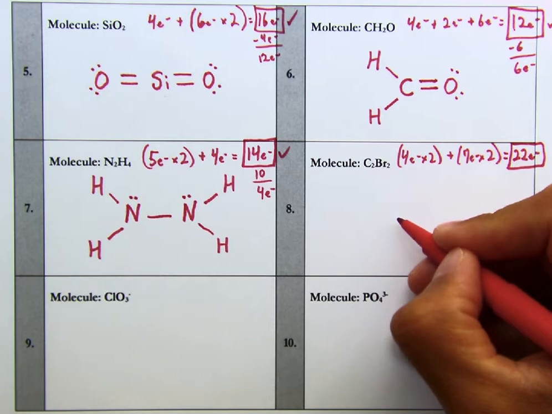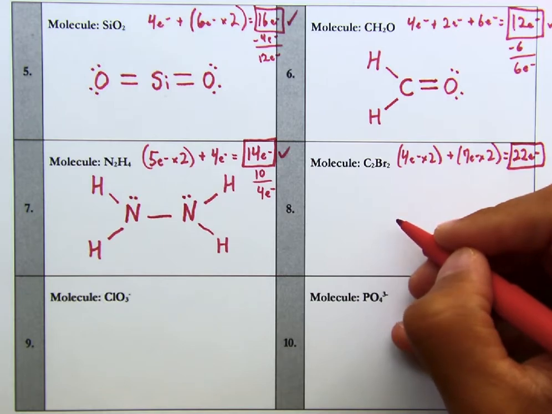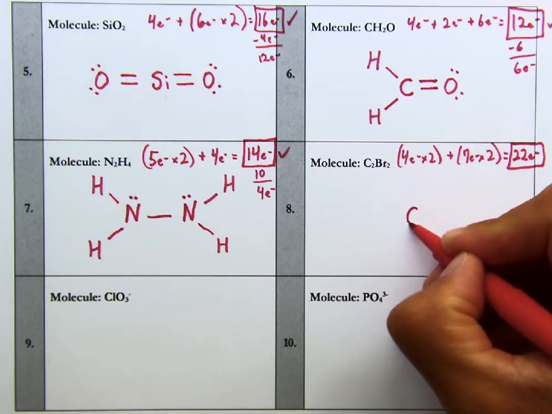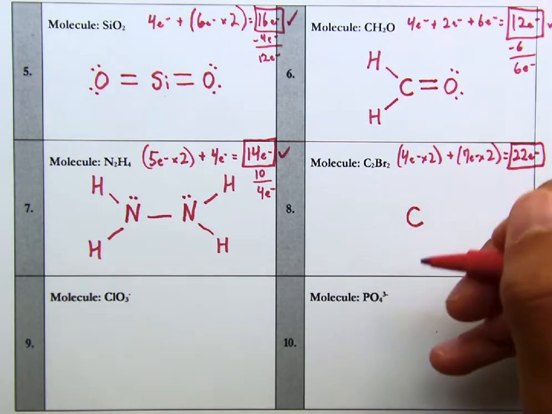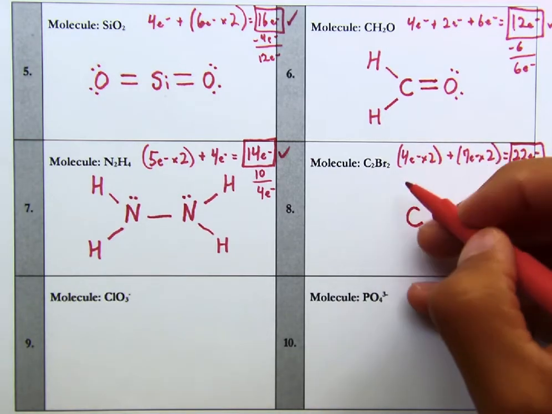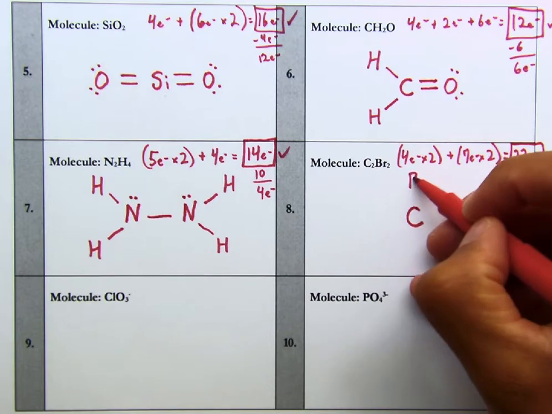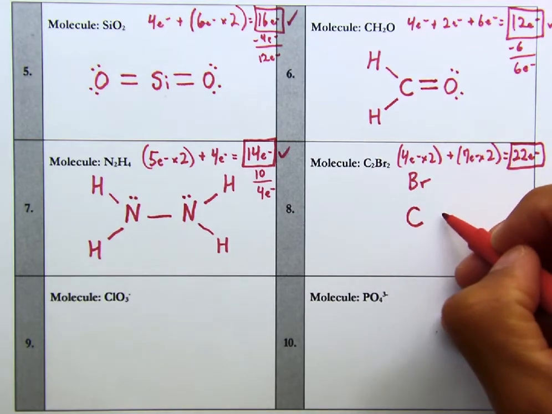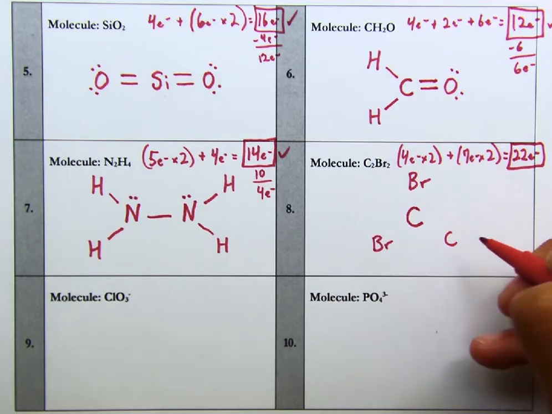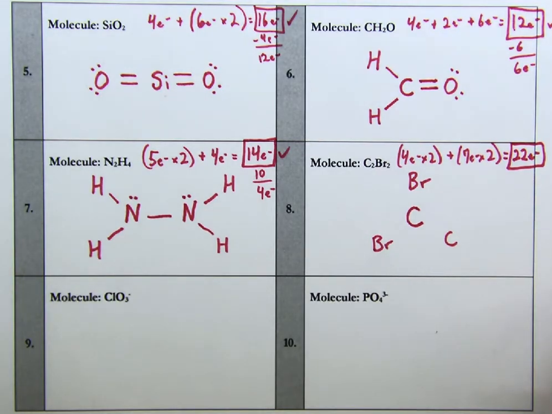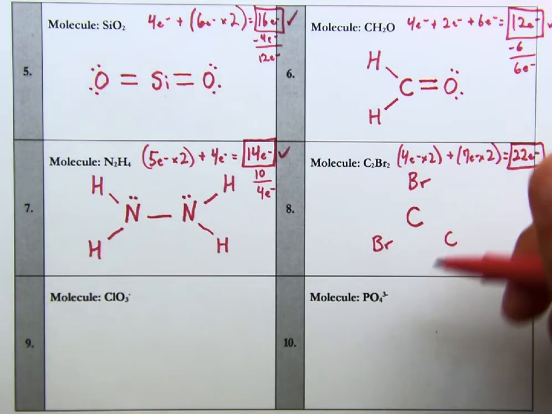We have 2 carbons and 2 bromines. I'm going to put a carbon and then... I don't actually know if this is going to be experimentally what it really is.